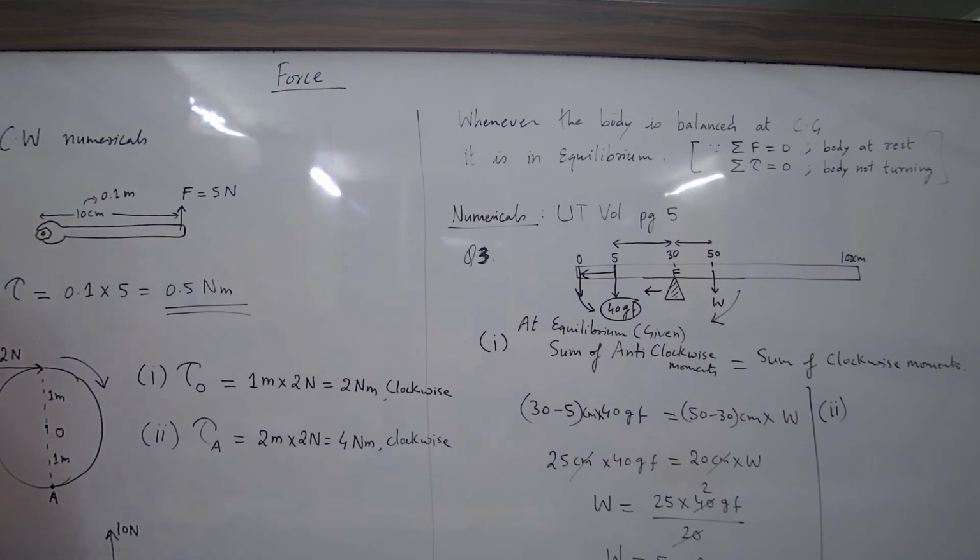This is 4 meter, right? So this is the midpoint. So this will be 2 meter. This also will be 2 meter. So to find the magnitude of resultant moment of force about the point O. This is point O.